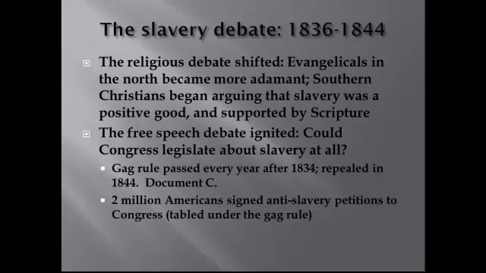I digress. But by the mid-19th century, and especially after the bloody Nat Turner slave revolt of 1831, Southern Christian leaders had turned to defending slavery as a positive good, something that they claimed was supported in the Bible. I'm actually a little surprised that the College Board did not include one of these statements among the documents.